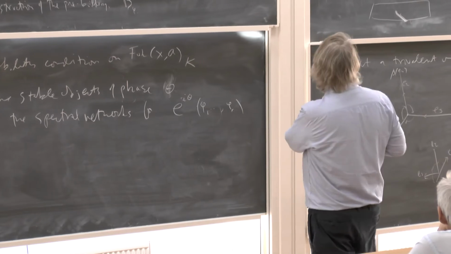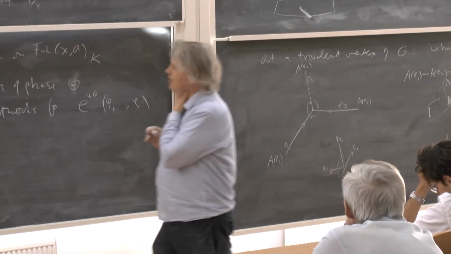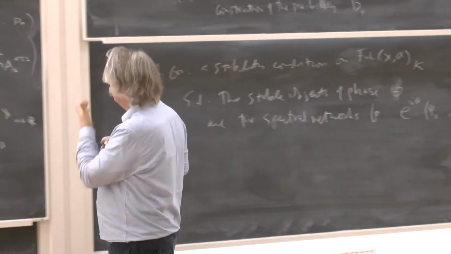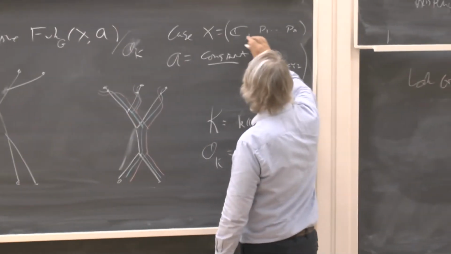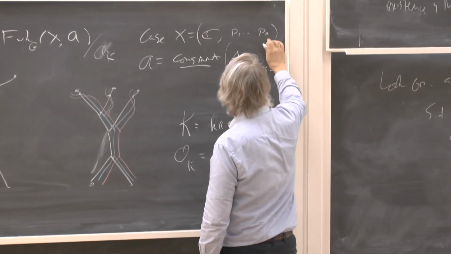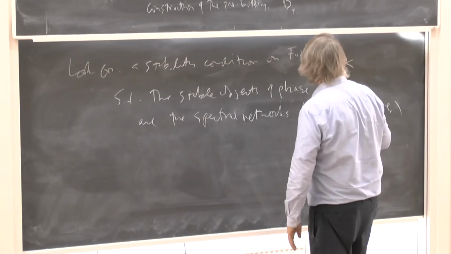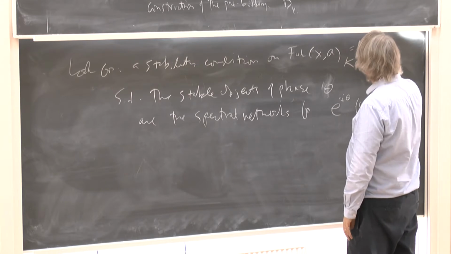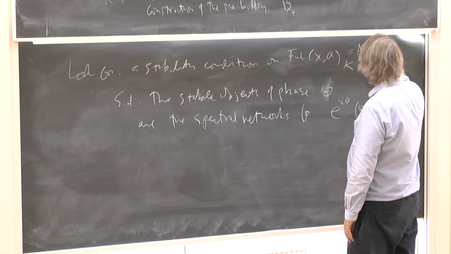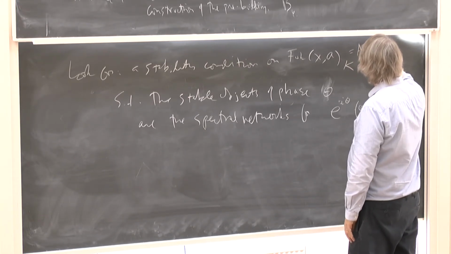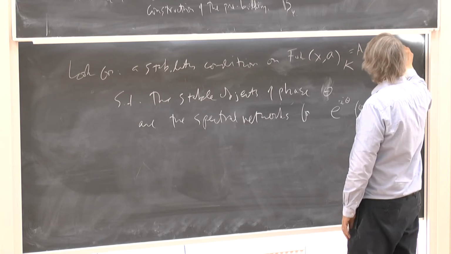Well, in our case, we can actually say what this category is. In the case where X equals the complex plane with points P1 to Pn, if what they tell me is not mistaken, this should just be the category A_{n-1} tensor A_{r-1}.